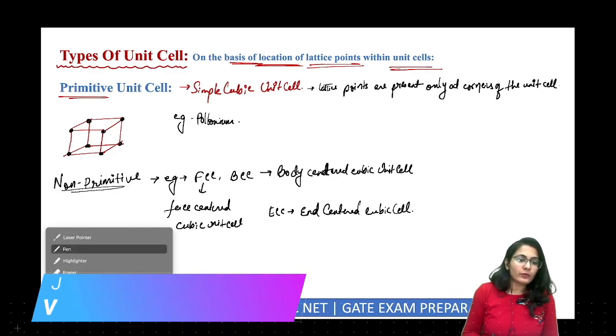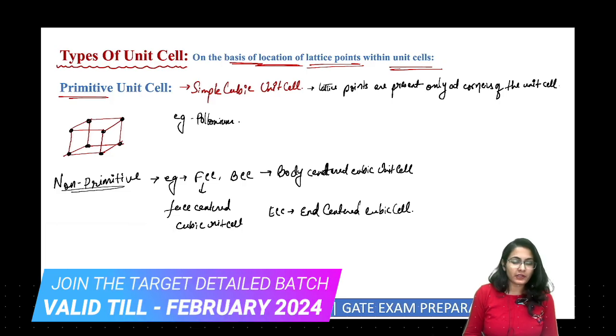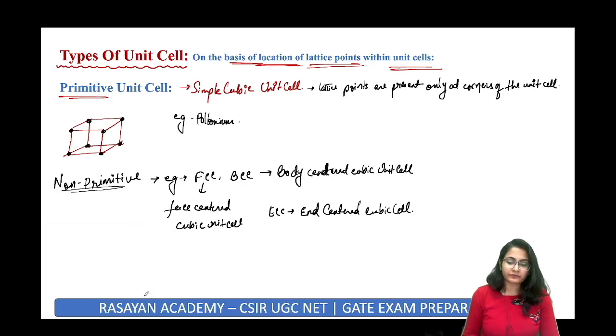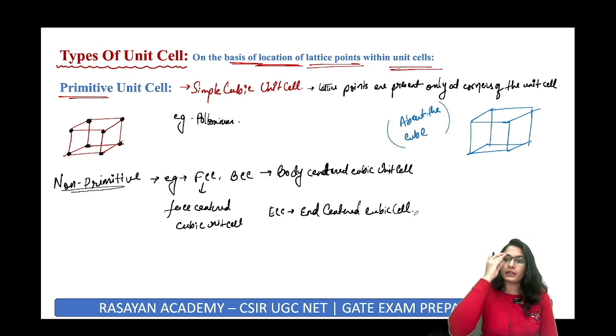Now before directly moving onwards, I have something important to discuss. When we are talking about a cube, because we will be needing this, so just write a little bit about the cube. So about the cube, a simple cube. How many corners are present? कितने corners होते हैं cube में?